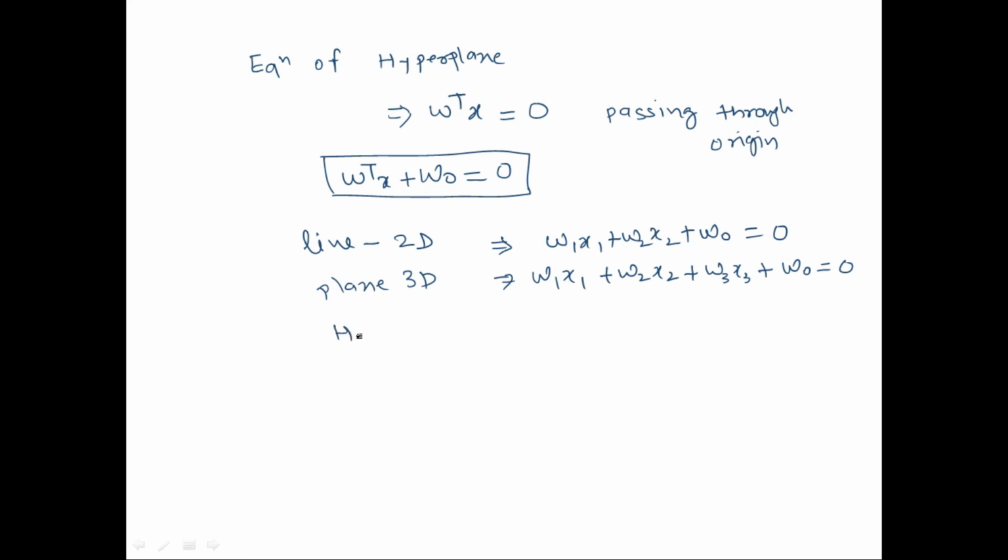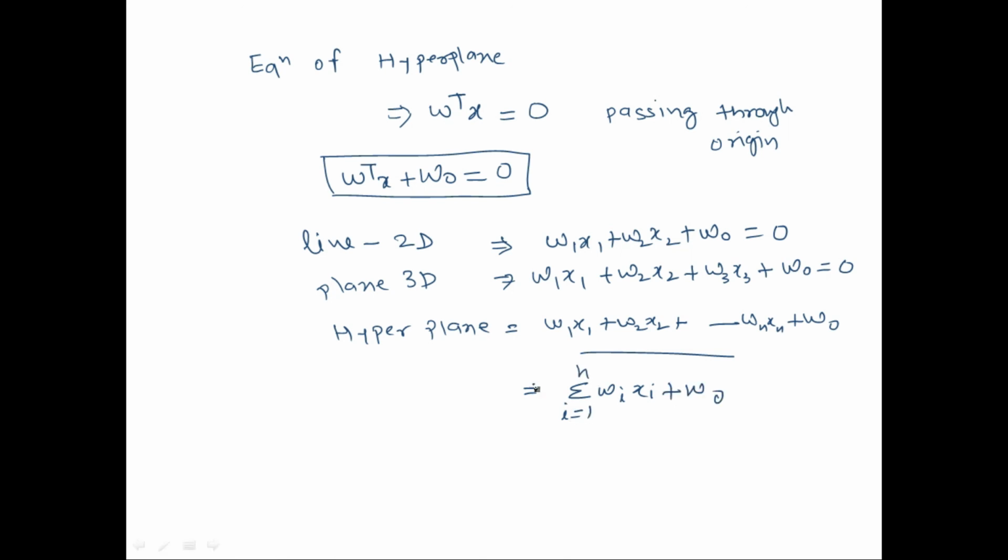Similarly, for a hyperplane, the equation will be w1 x1 plus w2 x2 up to wn xn plus w0, and this I can write as the summation of wi xi, i from 1 to n, plus w0. This is the same equation of a hyperplane.